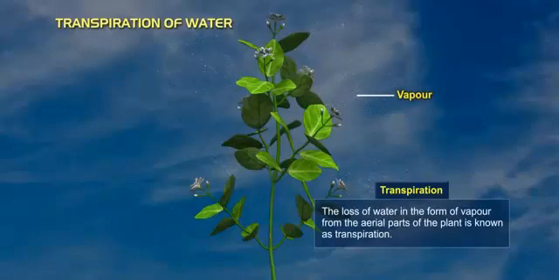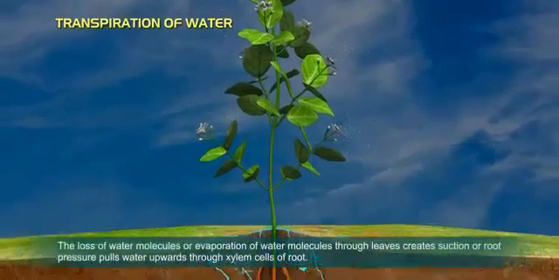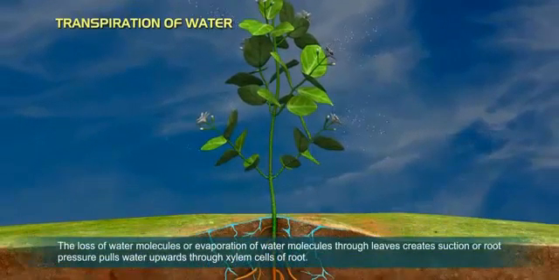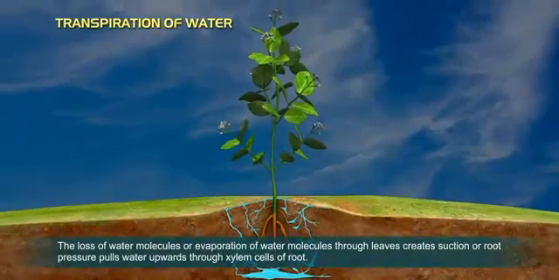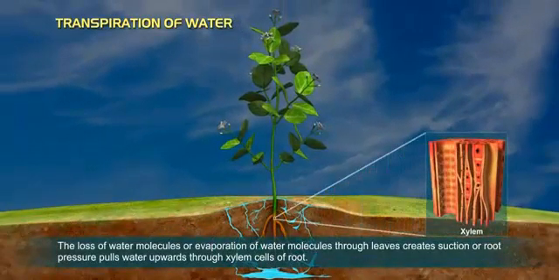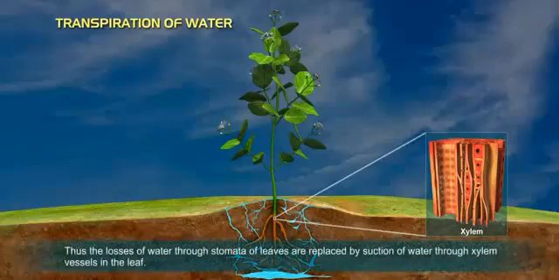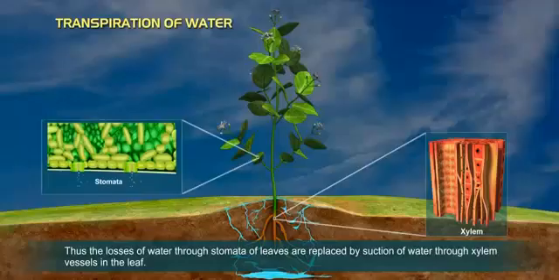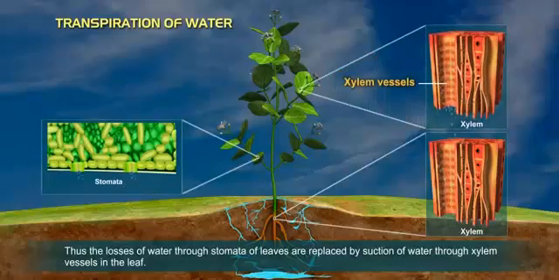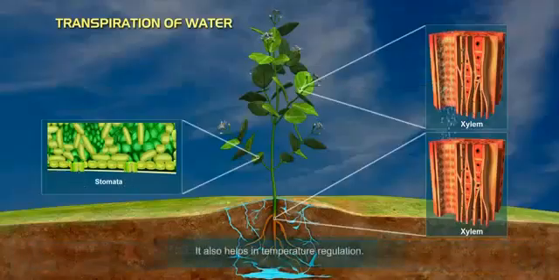The loss of water molecules through leaves creates suction, which pulls water upwards through xylem cells of the root. Thus, the loss of water through stomata of leaves is replaced by suction of water through xylem vessels in the leaf. It also helps in temperature regulation.